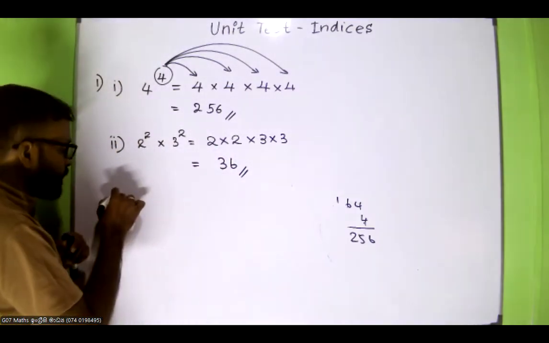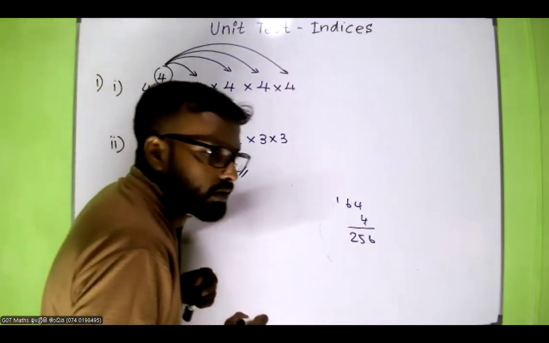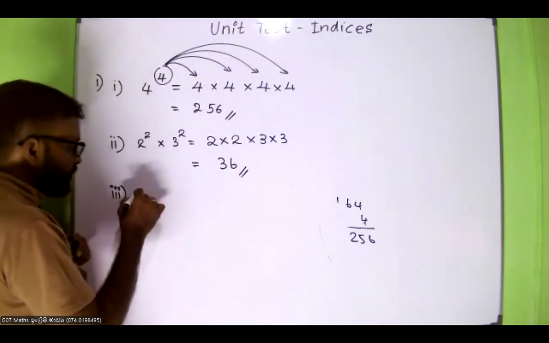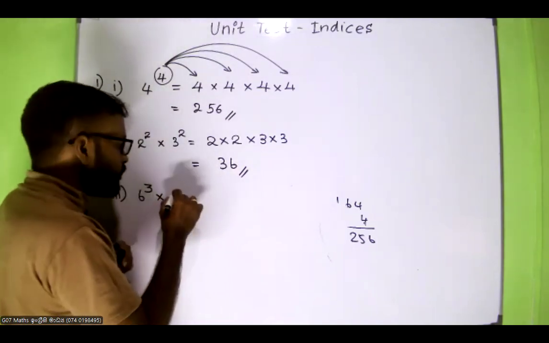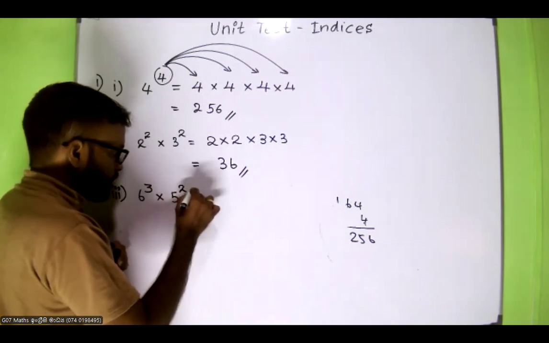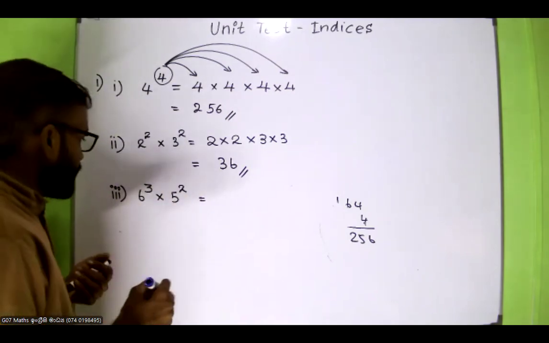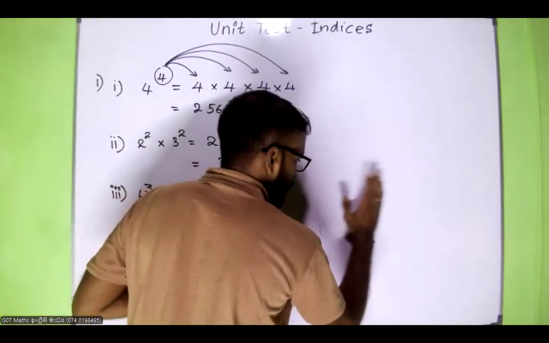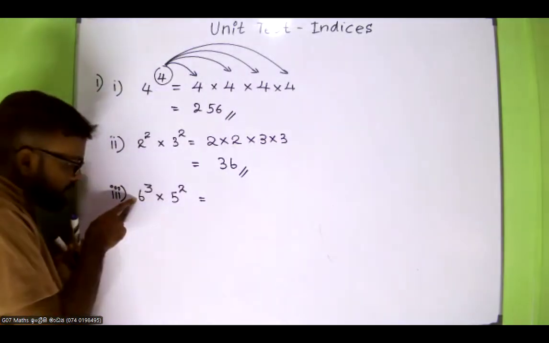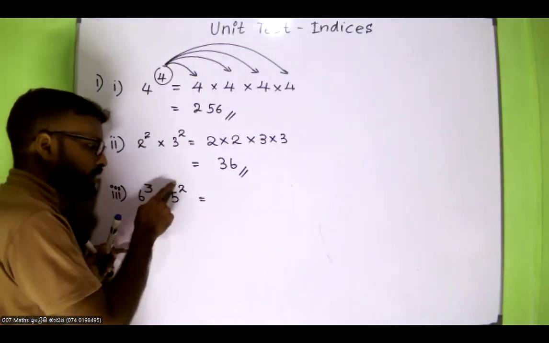So the third one, 6 to the power 3 multiplied by 5 to the power 2 equals? Again I have to expand. 6 repeated 3 times, 5 repeated 2 times.